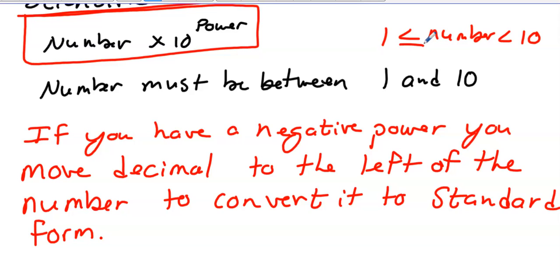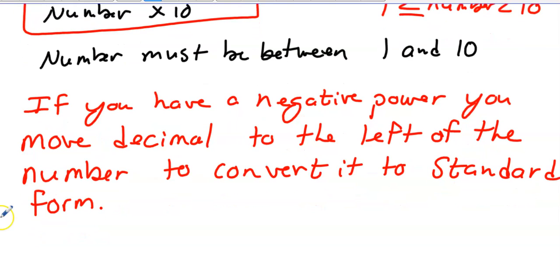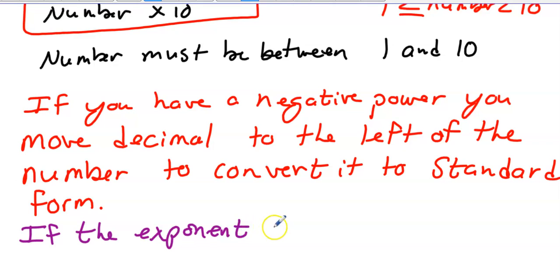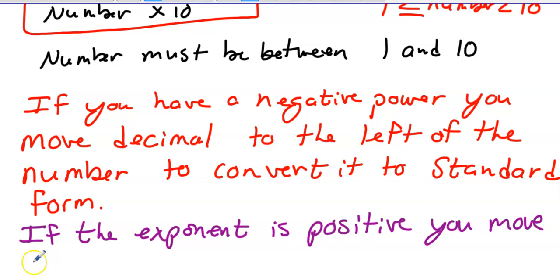So if you have a negative power, you move the decimal to the left, or in front of the number, to convert it to standard form. And if the exponent is positive, then you move the decimal to the right.